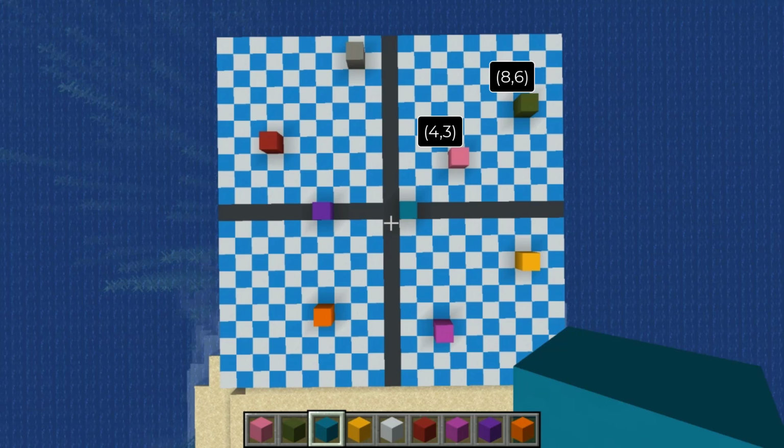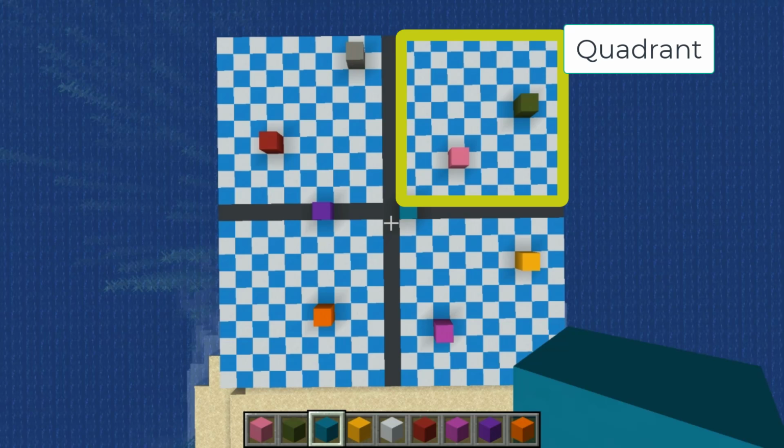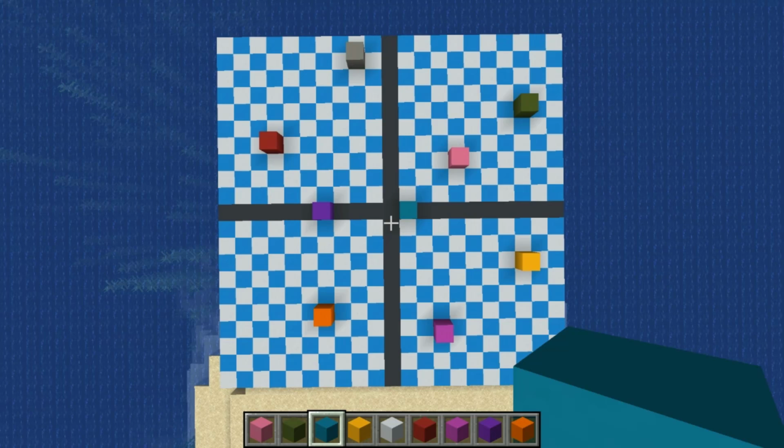We're going to go around counterclockwise. Each of the big squares is called a quadrant, and we label these quadrants starting in the top right and going around counterclockwise. So in case you're wondering what random order I'm doing this in: at the top, the gray one is left 2 and up 9. So that's (-2, 9).